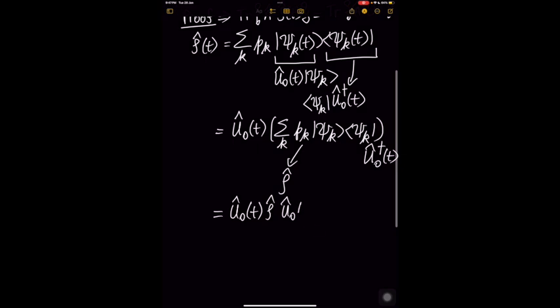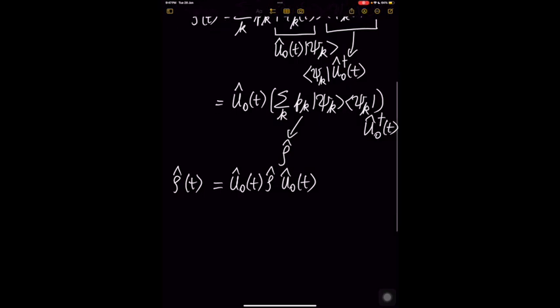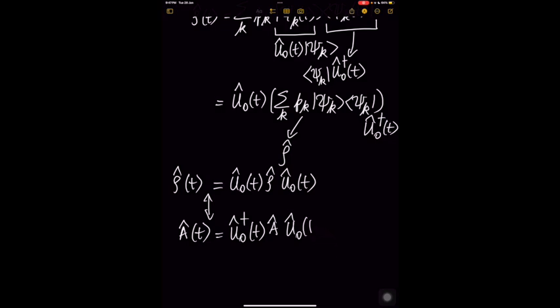Now something really important to observe about the evolution of the density operator, which is different from the time dependent evolution of different operators or observables, is this. Consider some random operator A hat(t). Its time dependence is described this way, if you remember. Again, this is just the Heisenberg operator.